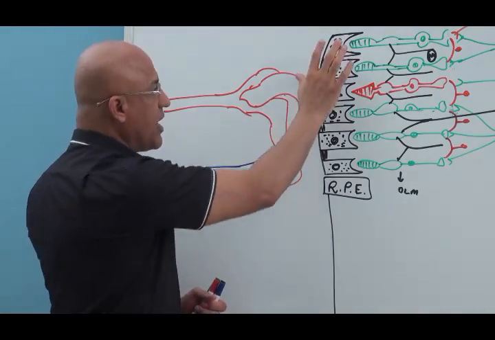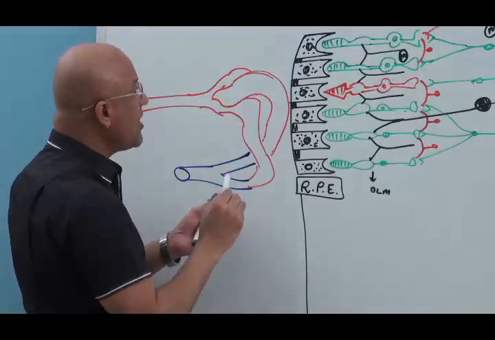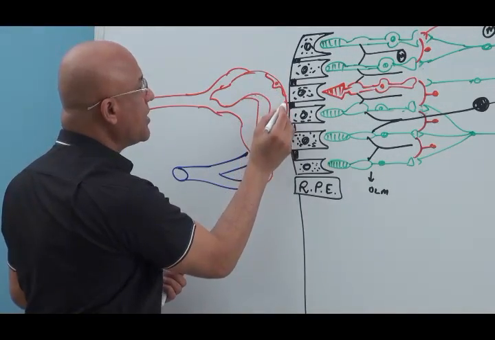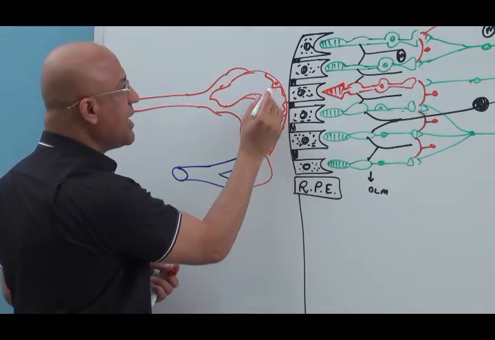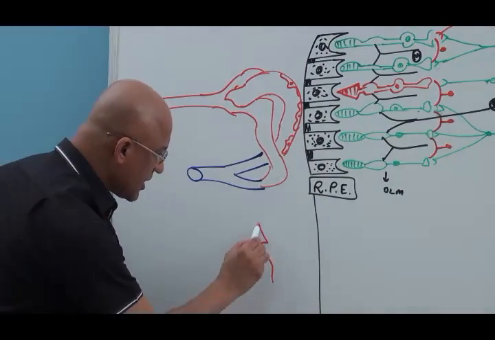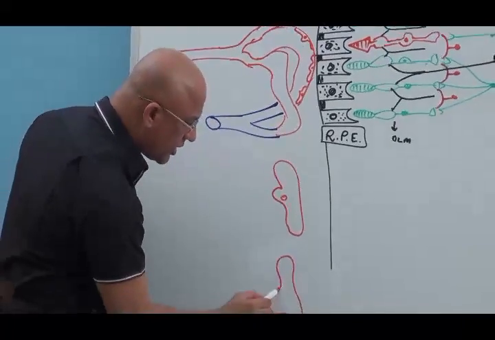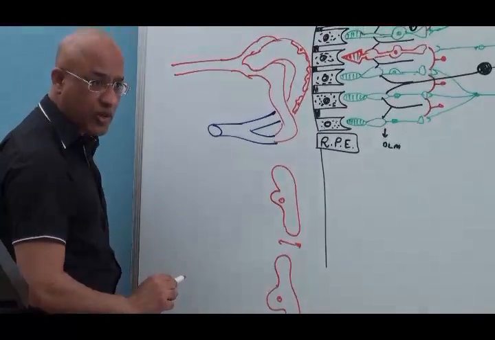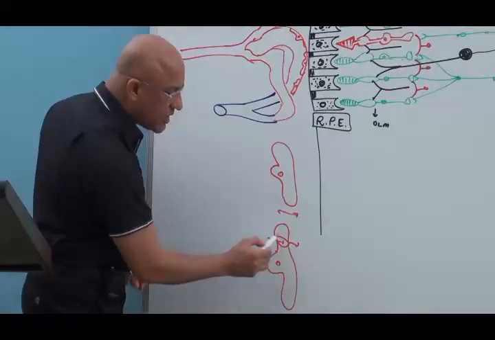These are the sinusoids, and these sinusoids have endothelial cells which are fenestrated, and there are big interendothelial gaps also, right? If I draw one, let's suppose this is an endothelial cell, then here is another endothelial cell. There is a gap in between the endothelial cells of these sinusoidal capillaries, plus there are holes present within the cytoplasm.